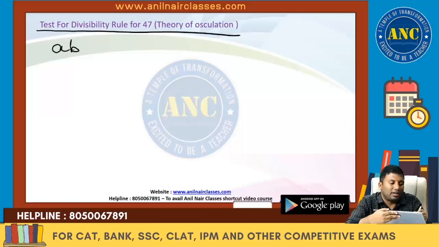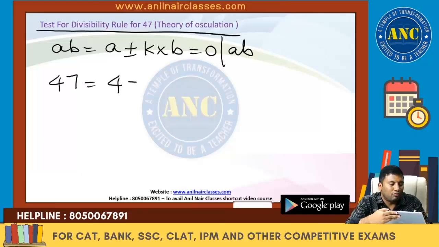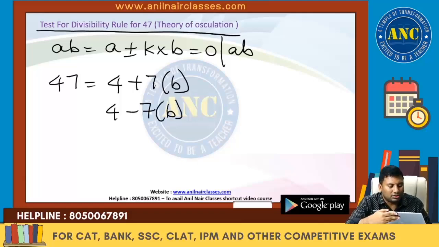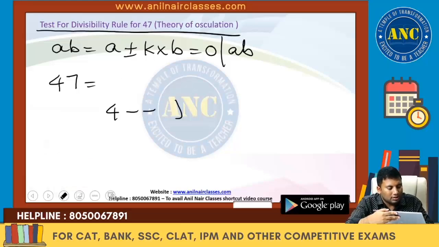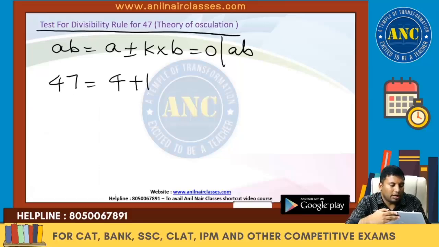Divisibility rule for 47. The theory of oscillation is a plus or minus k into b is either 0 or divisible by 47. 47 is nothing but 4 plus 7b or 4 minus 7b, that is 4 plus k into 7 or 4 minus k into 7.